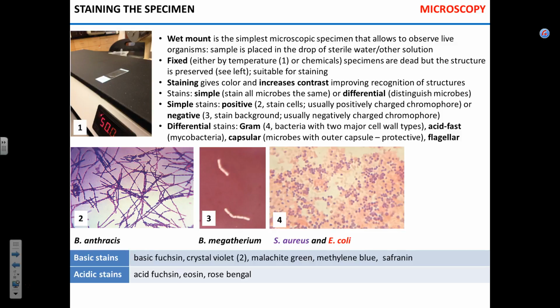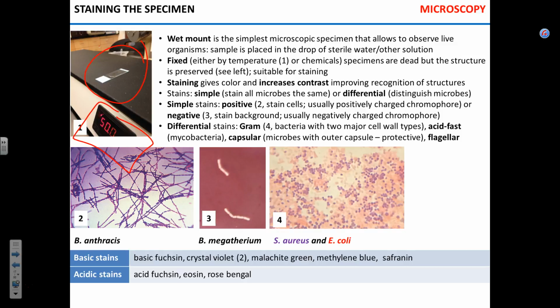Now, what is fixation? Fixation is essentially killing the cells. What's the point? They're not moving. We're going to do heat fixation. You can do chemicals, but we're going to do heat fixation. Here it shows you fixing on the heating plate.